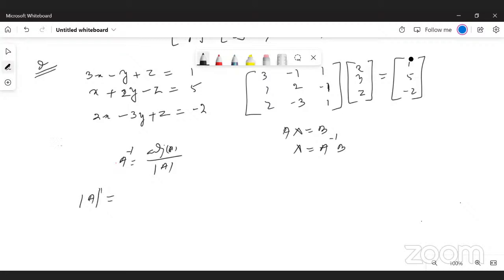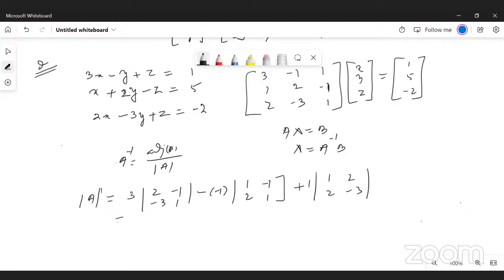Okay, let me solve it. It is 3 into (2 minus 1 into minus 3) and 1 minus of minus 1, and plus 1 into (1, 2, 2 and minus 3).